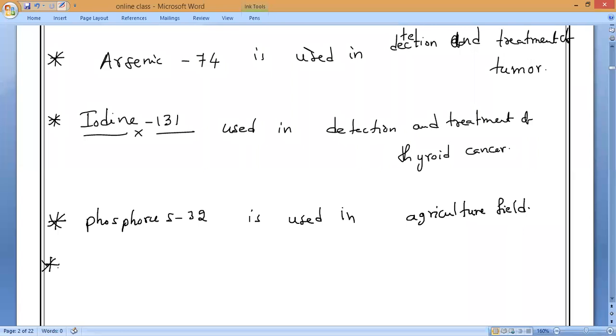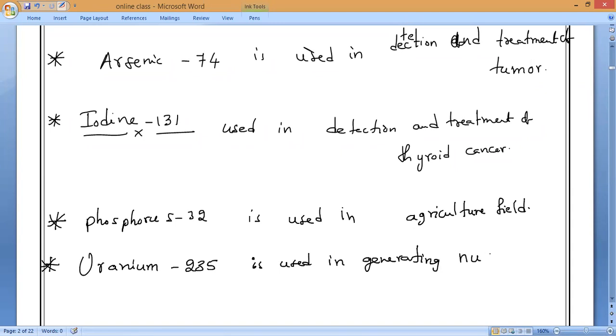The most dangerous one, the last one, is uranium-235. Can you tell me where it is used, Omar? Nuclear radiation. Generating nuclear energy and designing atomic bombs also.